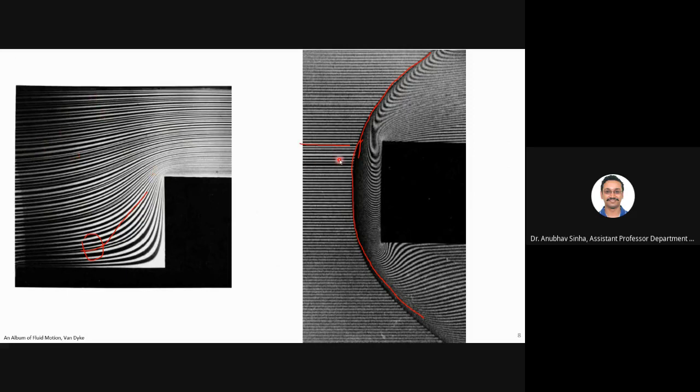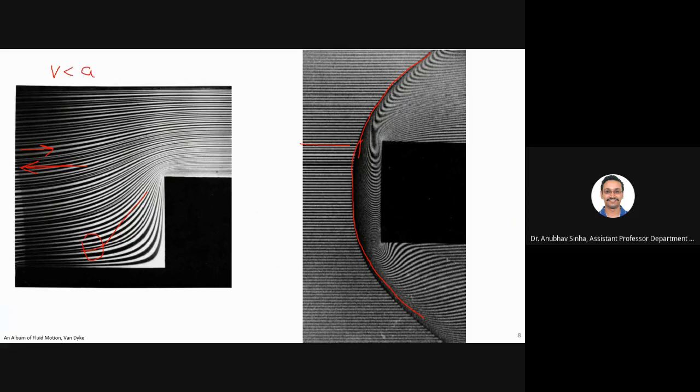Now, when you have a flow coming at supersonic speed, right? See, this fluid is coming at subsonic speed. So the information or wave passes at the speed of sound, which will be much higher than the fluid velocity. Here, V is less than A because Mach number is less than 1.